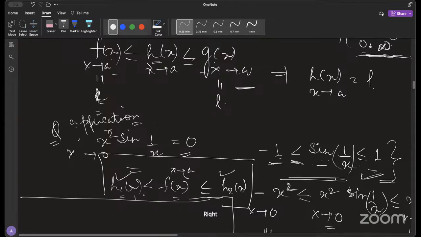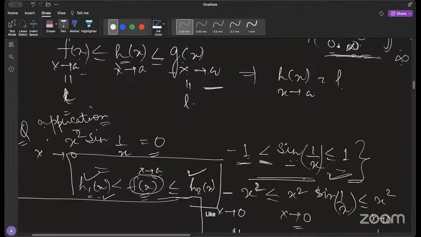This is something you should know already. It's not going to be that difficult. You won't be given questions like that. But that's how you apply the sandwich principle, by knowing that the given function lies between two functions which, when x tends to a, tend to the same point. If you know this, then you can apply sandwich, right?